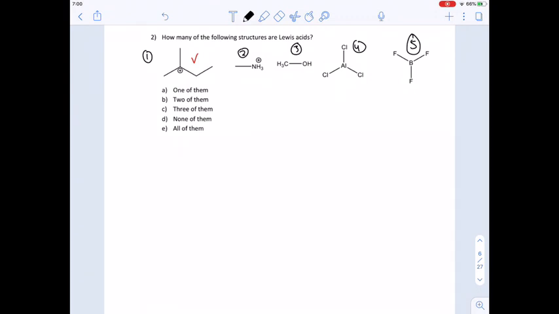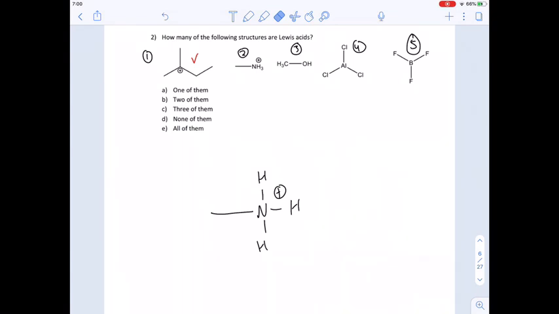Now we can look at the NH3+. I know it's very tempting to say, okay, yes, this is a Lewis acid because it has a plus charge, so it's going to want to accept electrons. But the thing with Lewis acids is, like I said, they have to have a free orbital to accept electrons, right? So NH3+, if you draw it out, does not actually have a free orbital because it can't expand its octet. You can only have your N bonded to 4 things, and that could also include a lone pair.